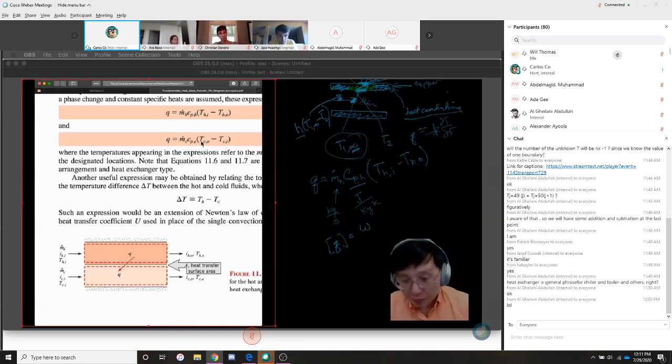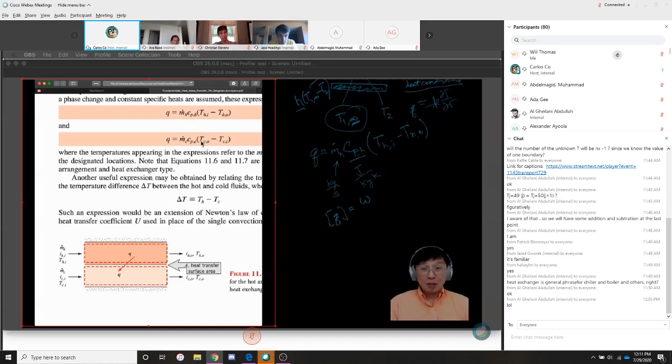Okay. So now the next part of the book goes off and says something like this. Delta T, you see the triple bar sign? That means it's a definition, right? So this delta T, the way they defined it here, is the difference between the hot stream and the cold stream. If you're reading this book, the first thing that goes into your head is, wait a minute.